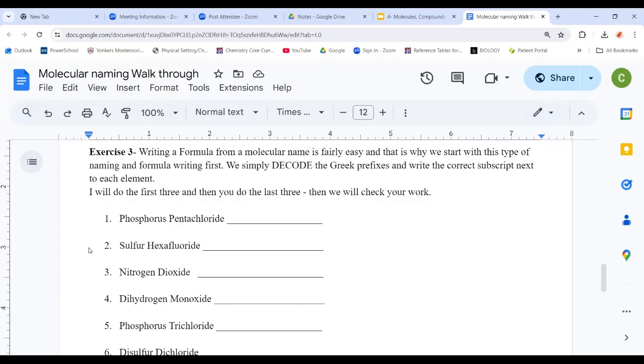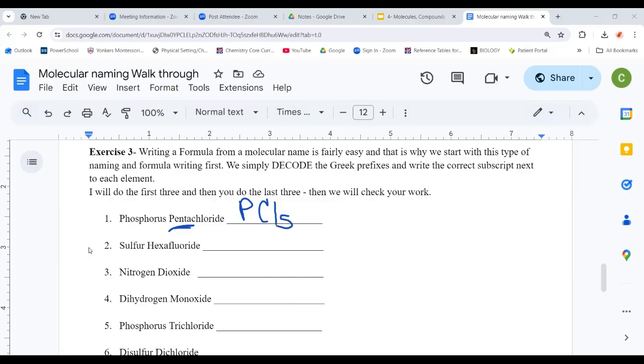Okay, remembering that if it's a prefix and it tells me how many there are, I'm going to write how many there are as a subscript, a little number down and to the right, of that element. So phosphorus comes first, and then chloride is chlorine, and there are 5 of them.